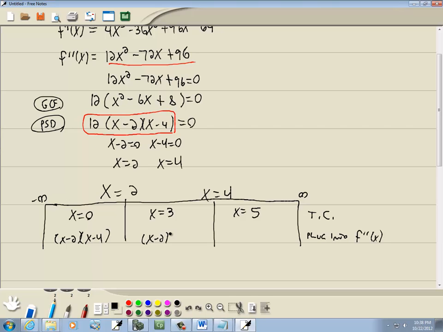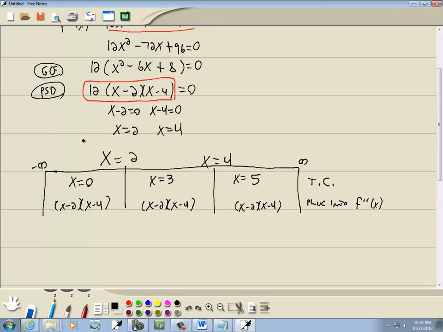And same here. The reason why we don't worry about 12 is all we're concerned about is the sign. We don't care what the value is, just what the sign of the answer is going to be. Well, 12 is positive, so it doesn't really affect it at all.